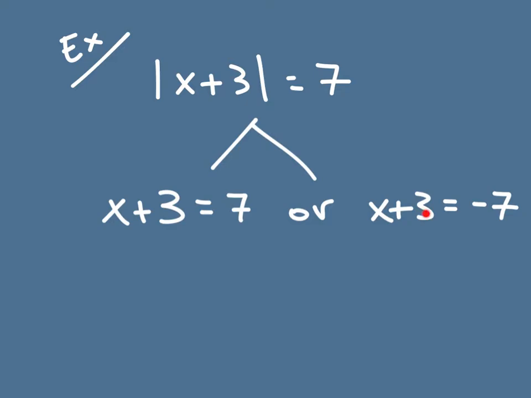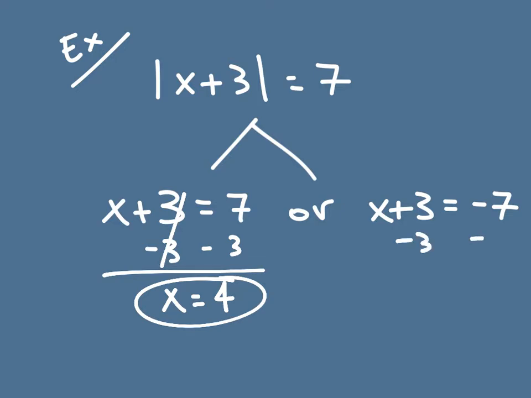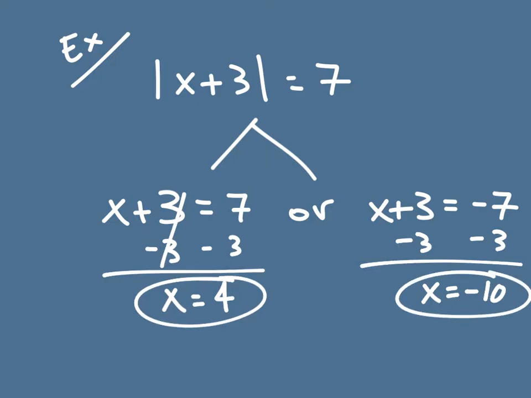In each of these I'm going to solve for x. I subtract 3 from both sides, and I get that x is equal to 4, or I subtract 3 from both sides here, and we get that x is equal to -10. Those are the two values we would get for x if we solve this equation.